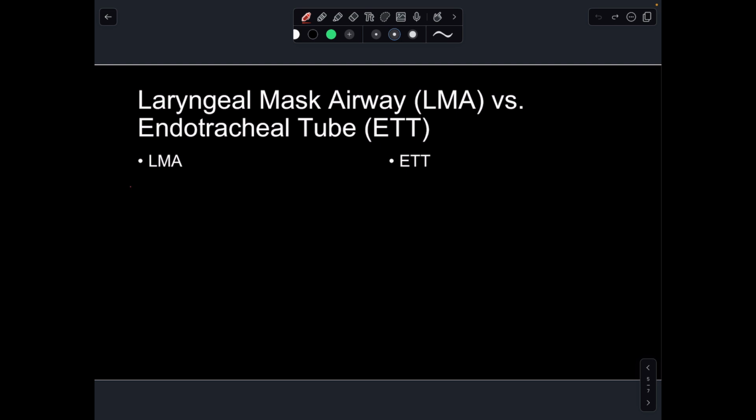So, an LMA causes less hemodynamic changes when you place it. It's less stimulating to the oropharyngeal cavity when you're placing it. It also causes less coughing and bucking when you place it or when you remove it.